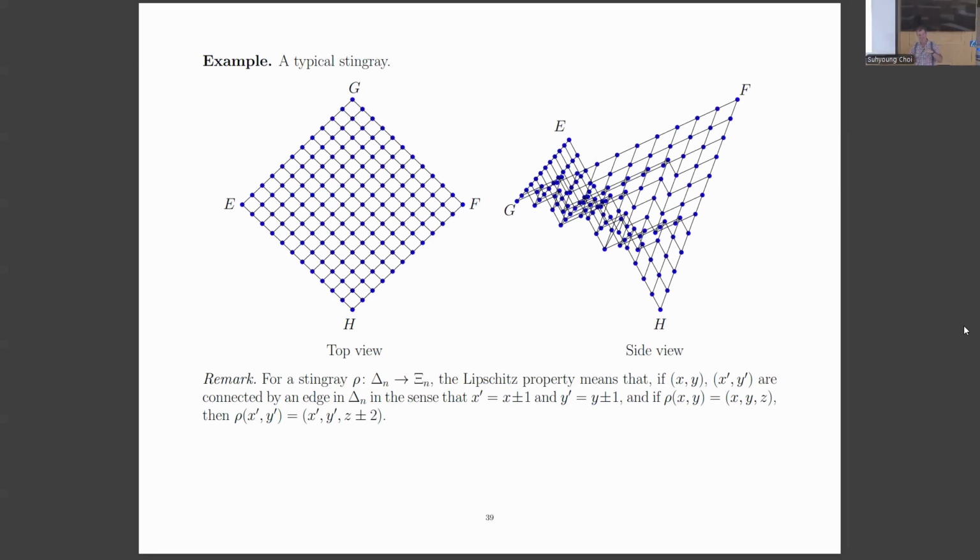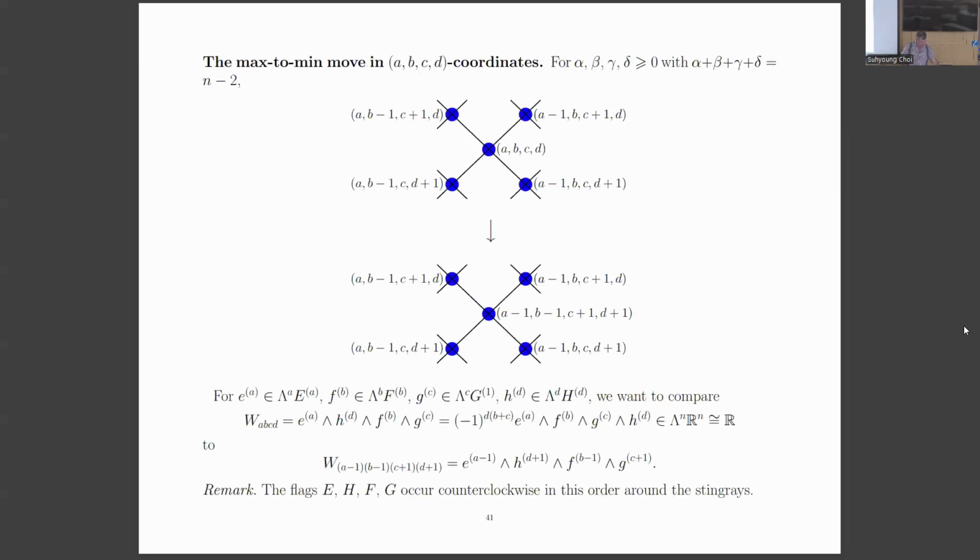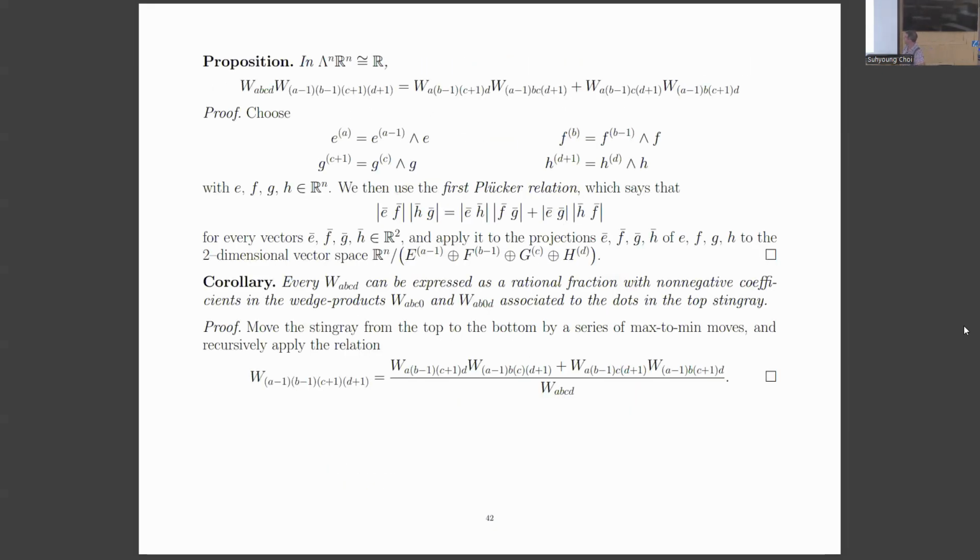Mathematically, we like the counterclockwise order, perhaps clockwise if you want. And what you see on the stingray, E and F are opposite. So E, F, G, H cannot be any kind of order on the boundary. And so we are topologists. We know that we should put that somewhere. And so the correct order is E, H, F, and G.